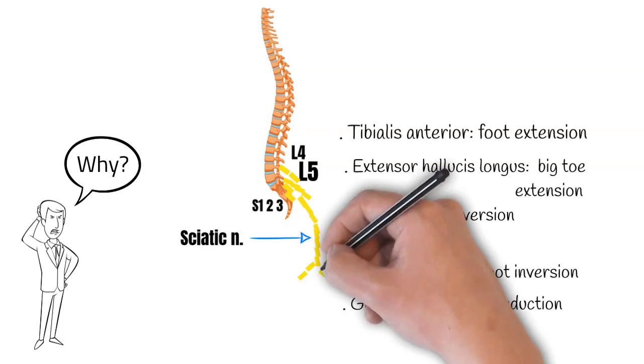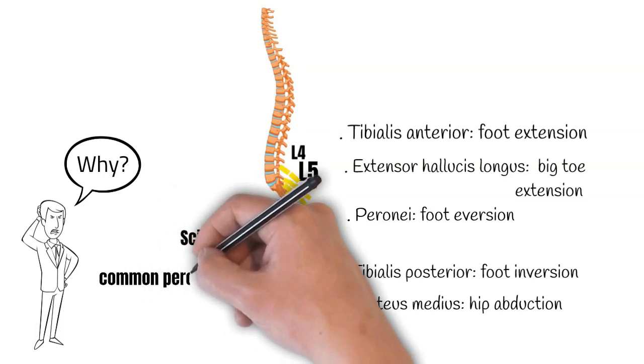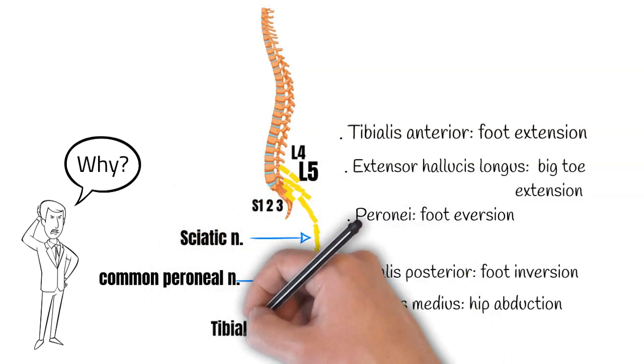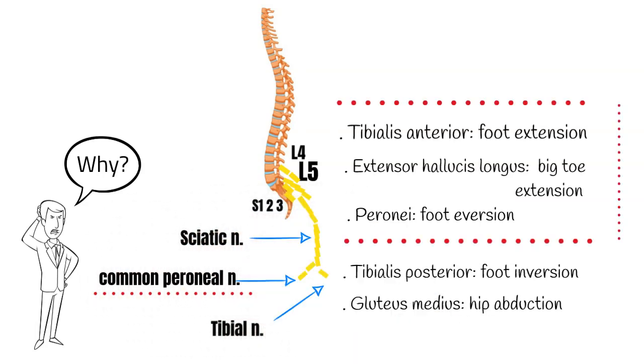We have the common peroneal nerve, and also the tibial nerve. The common peroneal nerve innervates some of the muscles that are innervated by the L5 root. However, it spares the tibialis posterior for foot inversion and the gluteus medius for hip abduction.